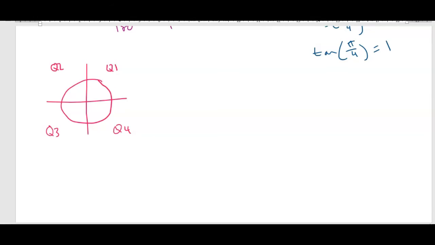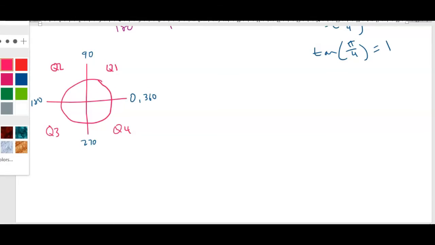So I'm going to put in my 0, 90, 180, 270, and then back to 360. And you can do the equivalent for radians if you wanted to, but we'll just stick with degrees for now. And I'll do the conversion in a second.